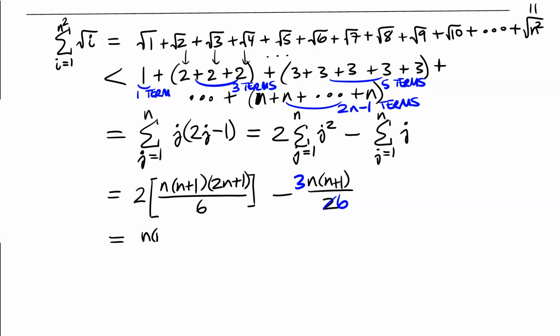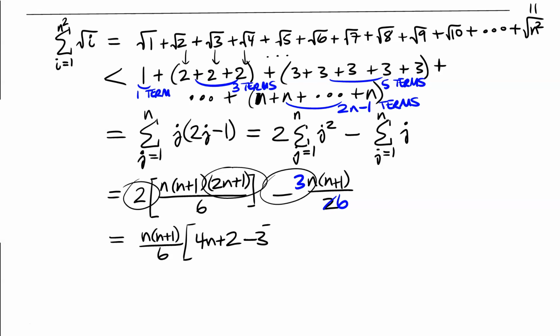If you look at this first term here, what's left? There's a 2, and there's the 2n plus 1. So that's going to be 4n plus 2. And then from here, there's just a minus 3. Altogether, this is going to simplify to n plus 1 times 4n minus 1, all over 6.